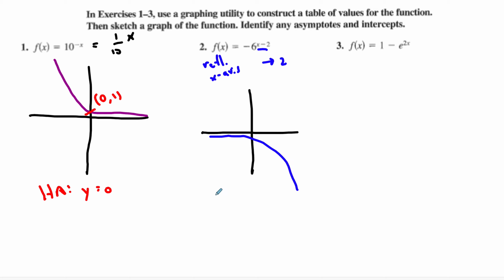So it turns out the horizontal asymptote is still y equals 0, right? The more difficult part is to figure out the y-intercept. So what we need to do is figure out the y value when x equals 0. So y equals negative 6 to the 0 minus 2, which is negative 6 to the negative 2.